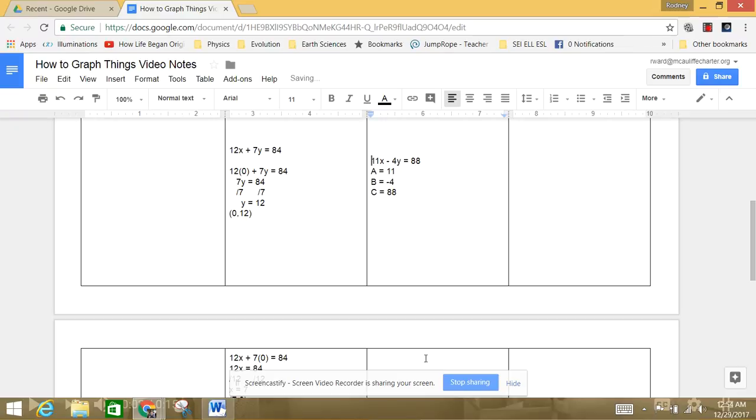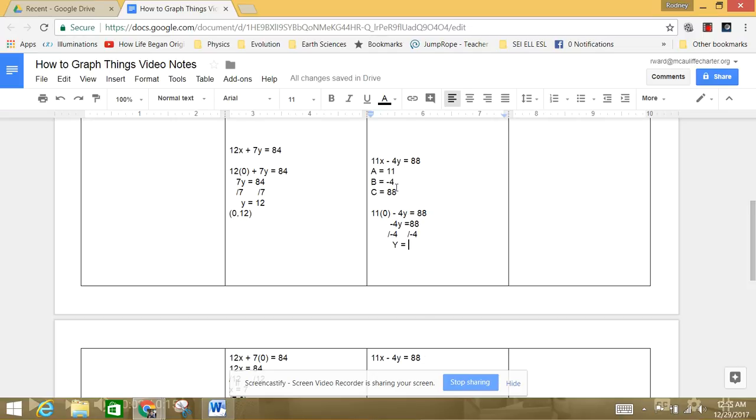You've probably worked out that if we replace x with 0, we can get the y-intercept, and we'll have 11 times 0 is 0, so we end up with negative 4y equals 88. And so we divide both sides by negative 4. y equals 88 divided by negative 4.